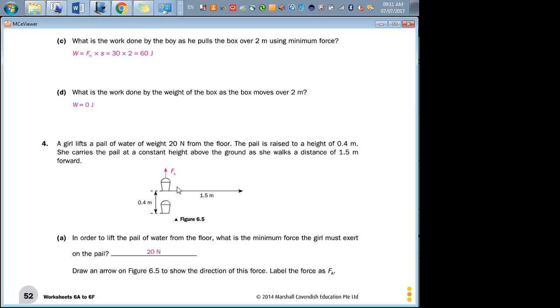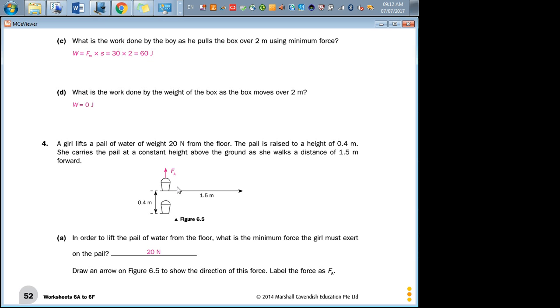Okay, so now when she has lifted it already, does she still need to exert a force when she has lifted it? Yes or no? Logically, yes or no? Yes. In physics, yes or no? She needs to exert a force. If she doesn't exert a force, then you'll drop back down. Okay, she's still exerting a force when she's holding it up at a height of 0.4 meters above the ground.